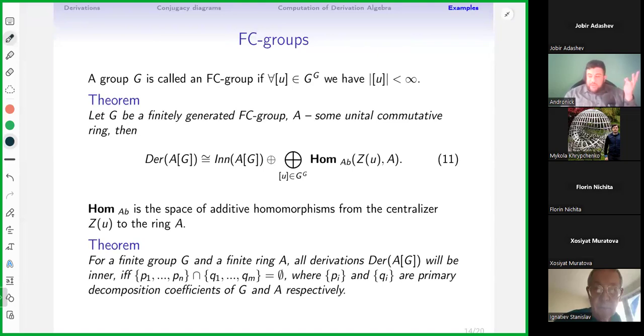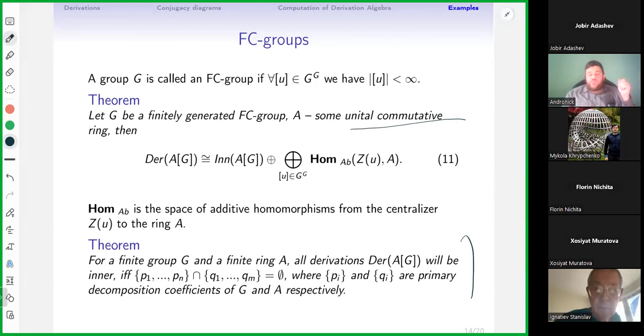So here's the theorem which was proved by me and my student Lev Kosolapov. We decided to take coefficients not from complex numbers, but from a unital commutative ring. Then you can find out what derivations look like. You can find out when they are all inner or not, and so on.